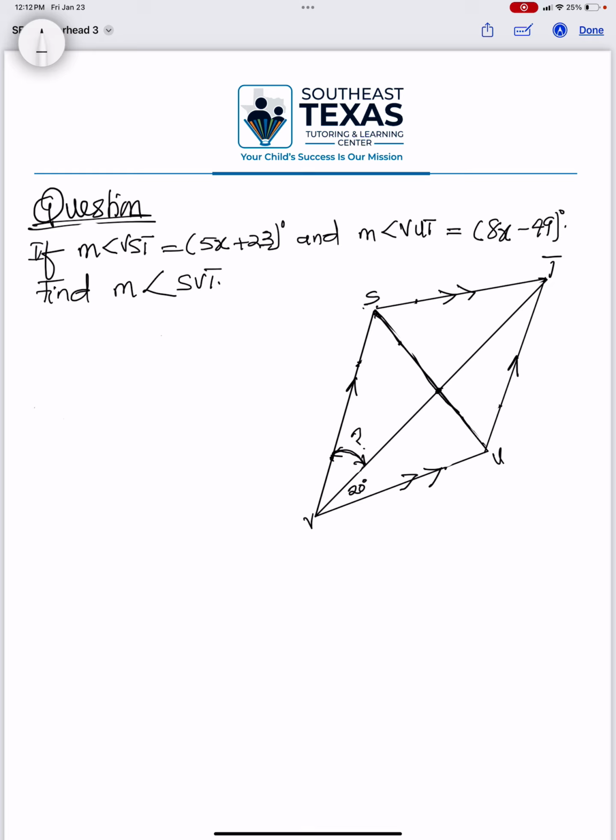So they say angle VST. The angle VST is right here, and they give the angle VST to be 5x plus 23 degrees. That's the angle right here.